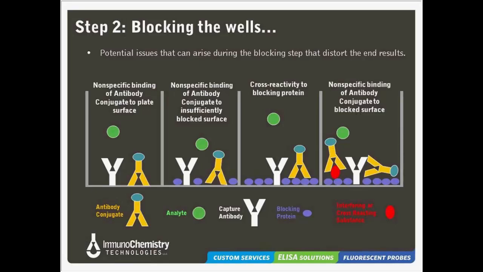There are other situations where you have a sample matrix-based analyte that's sticky, and it sticks to your blocked plate surface, and then your secondary antibody comes in and says, well, I recognize this, so now you've got nonspecific binding because it's seeing something it can actually react with that's stuck to your blocked plate surface.